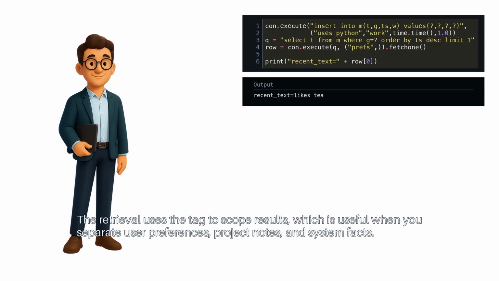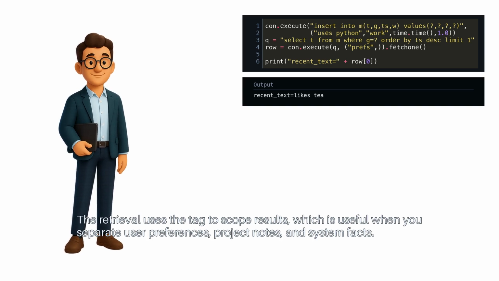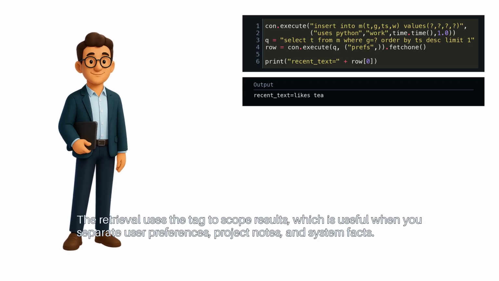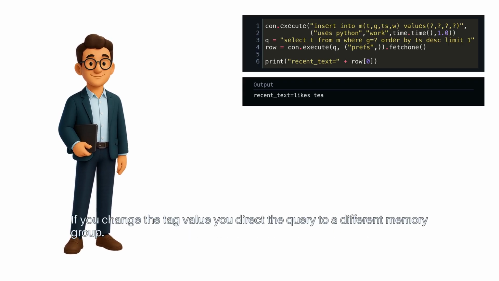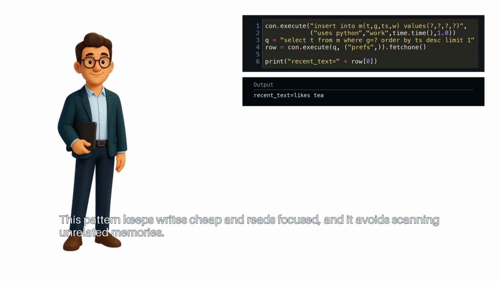The retrieval uses the tag to scope results, which is useful when you separate user preferences, project notes, and system facts. If you change the tag value, you direct the query to a different memory group. This pattern keeps writes cheap and reads focused, and it avoids scanning unrelated memories.